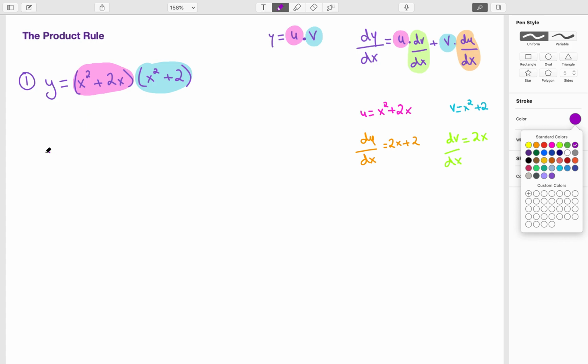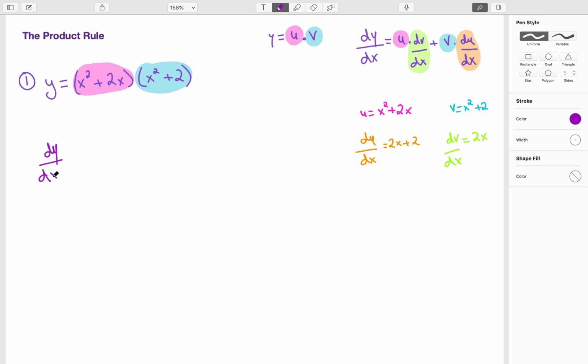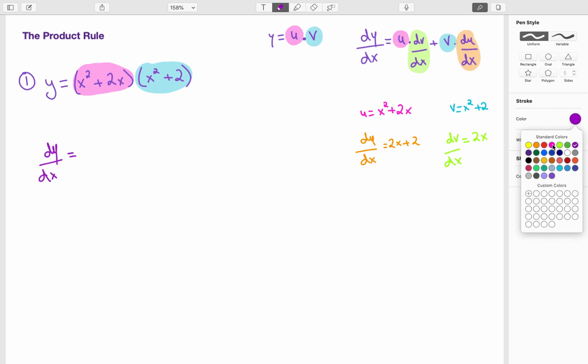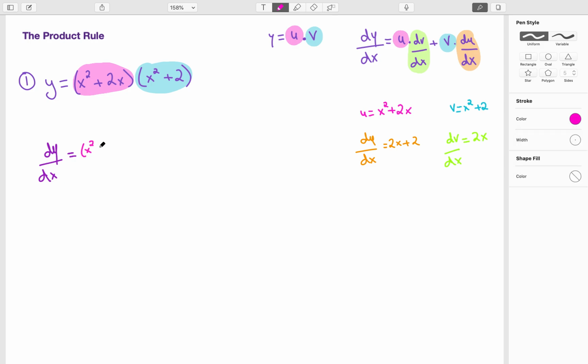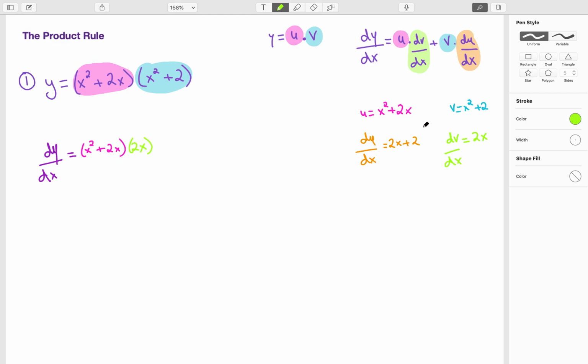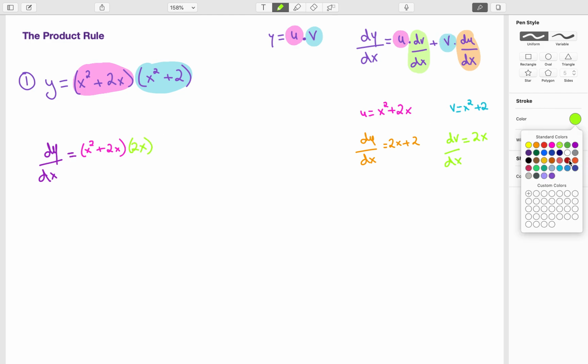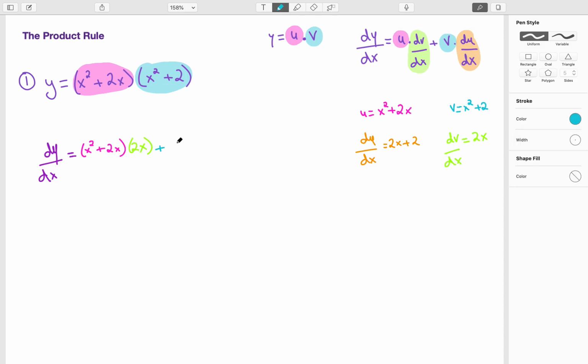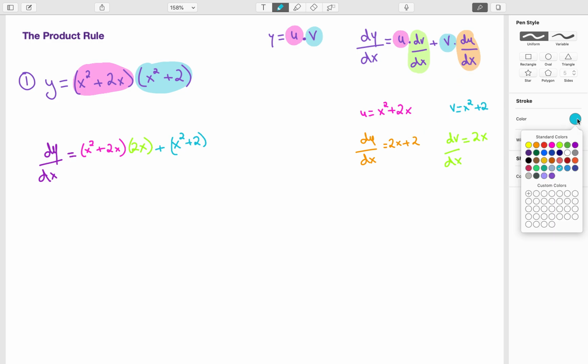It says that dy dx goes to u, which is x squared plus 2x, multiplied by dv dx, which we worked out to be 2x, plus v, which is x squared plus 2, multiplied by du dx, and du dx is 2x plus 2.